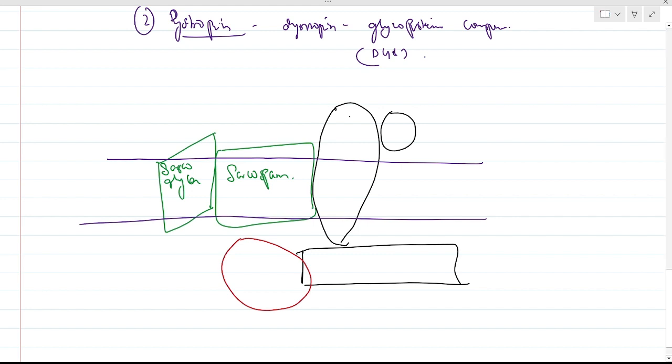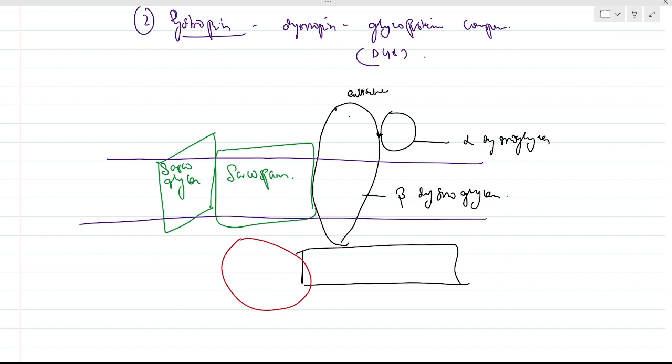This is our beta dystroglycan, and this is our alpha dystroglycan, and they are attached here.